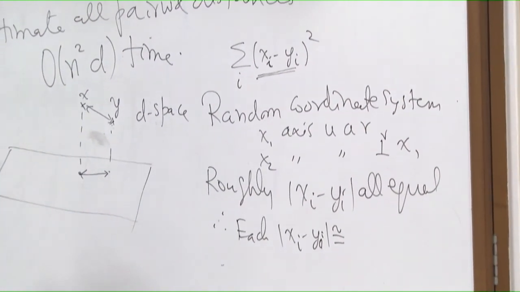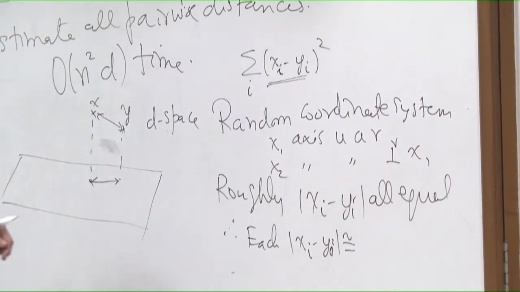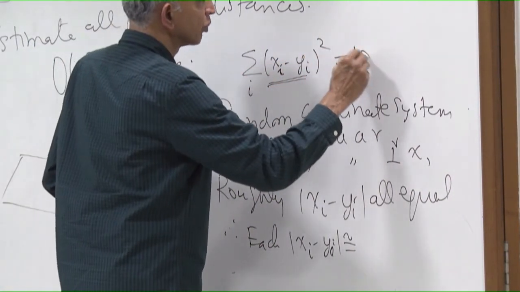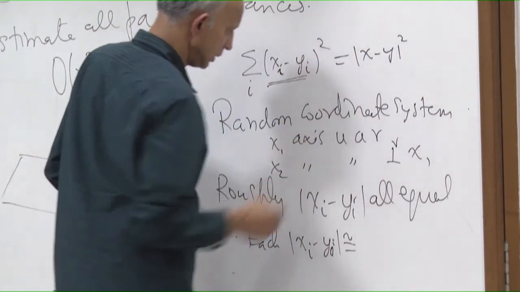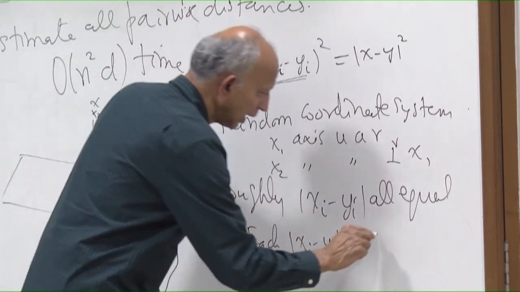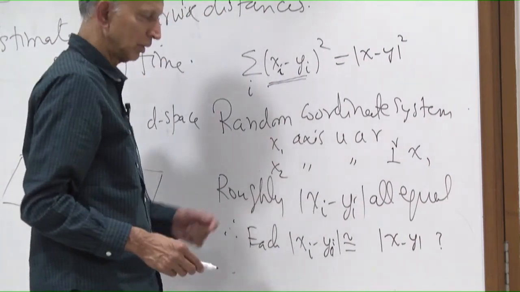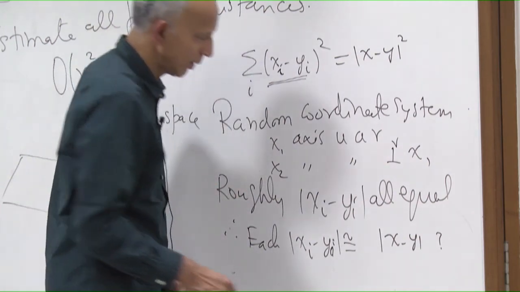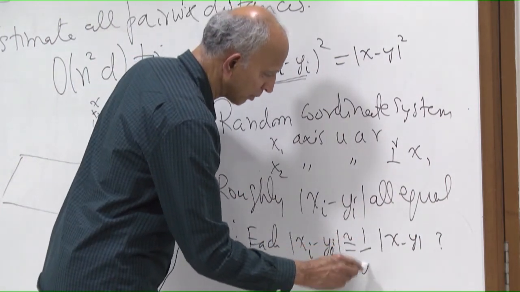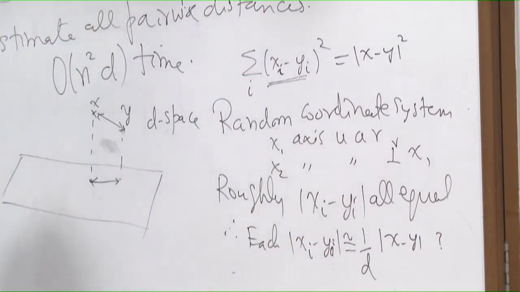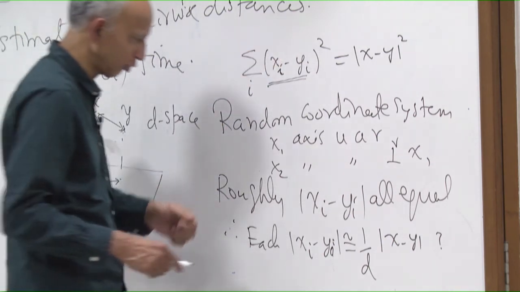So roughly, they should all be equal. Now, if they are all equal, the length of x minus y whole squared is the sum. How would each xi minus yi be related to the length of x minus y? There are d coordinates, they're all equal. Would I then have 1 over d times this, right? No, not quite, because it's Pythagoras, so only the squares add up.